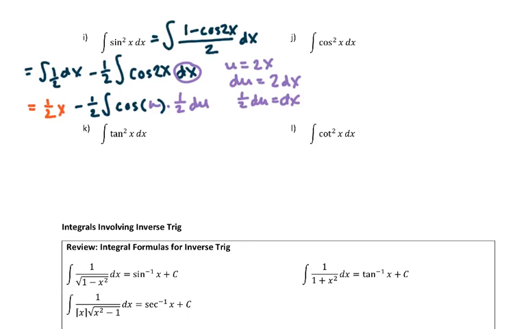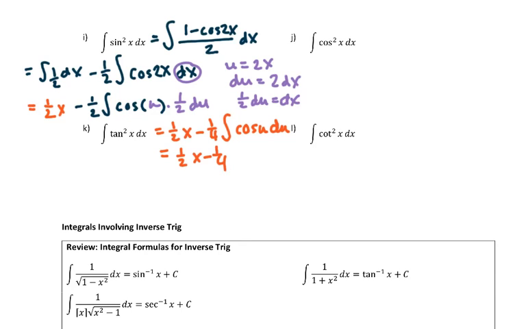So then that's going to look like 1/2 x, and then I'm going to pull this 1/2 out with the 1/2 already there, which becomes 1/4.